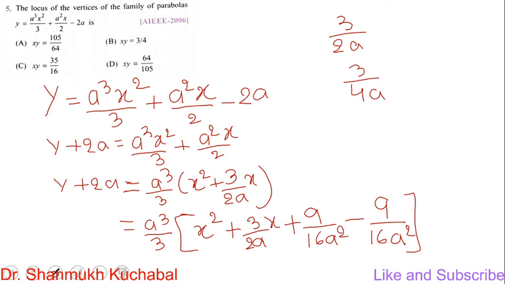Looking at the first 3 terms here, it is of the form a plus b whole square, and the minus term we will transport to the LHS after multiplying by a cube divided by 3. So we get y plus 2a plus 3a by 16.